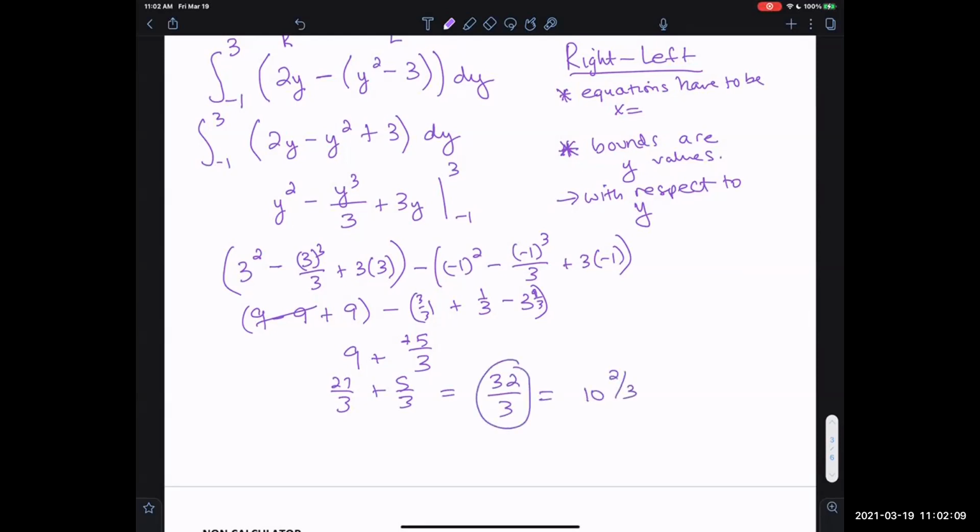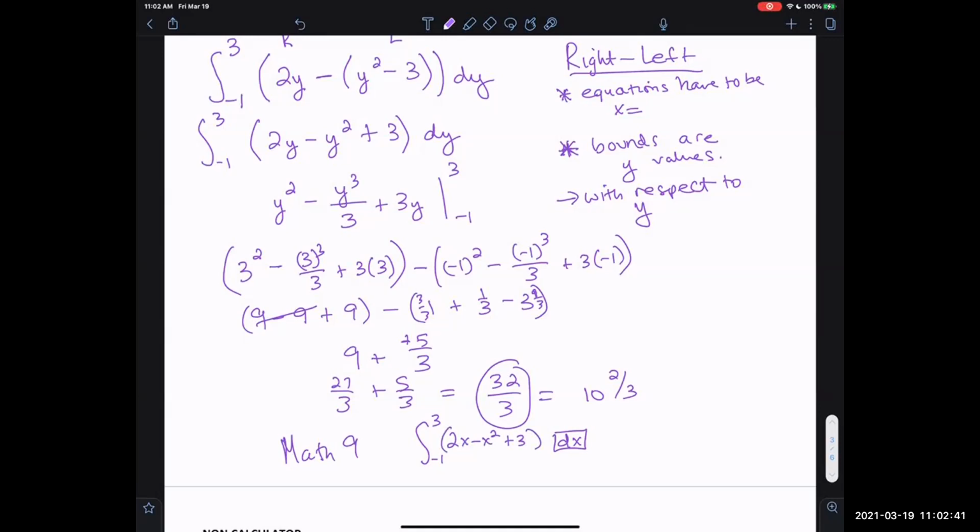That is our answer. Now, if you wanted to do the calculator with this, I'm going to save a little bit of time in the video. You don't have to put in y's, you just put in x's, and then you put the bounds in as the same thing. So if you're doing a Math 9, which I had shown in a different video, and your integral gets set up, and you've got your little D, whatever you're supposed to enter, you're faking the calculator out and you just put in everything as though they are x's.